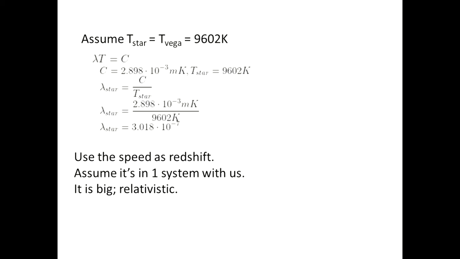Now, the speed at which it's moving away from us can be used for redshift. Why so? Because it's moving away from us, its wavelengths will be shifted to the red part of the spectrum. Since its velocity is big, and we assume it's one system with the Earth, we use the relativistic redshift: z is equal to the square root of (1 plus beta) divided by (1 minus beta), all subtracted by 1, where beta is equal to v over c.